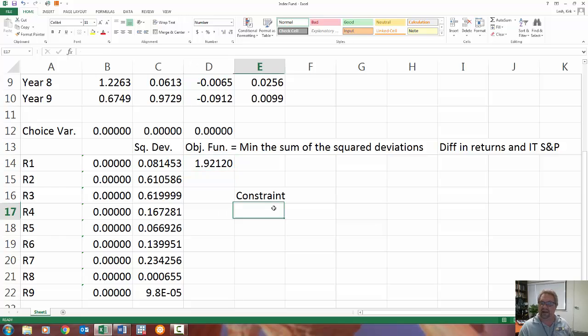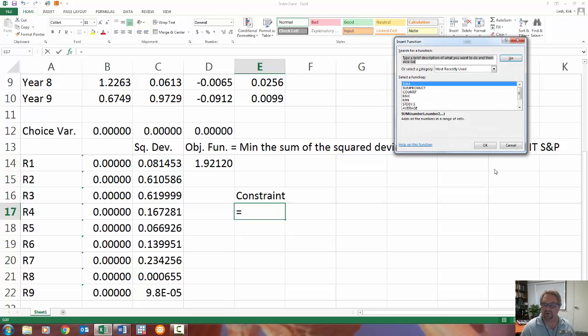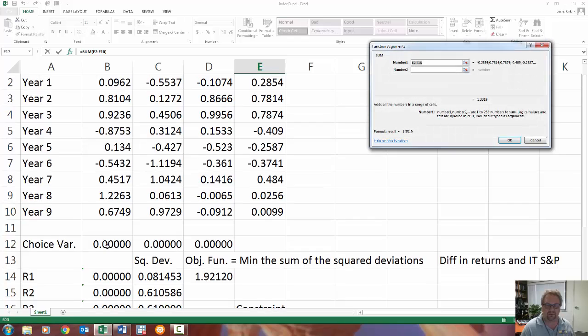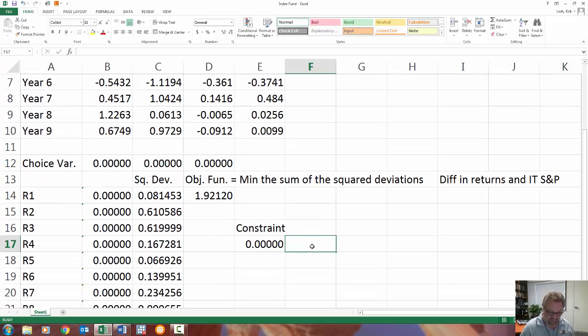All right, and then lastly, I've got my constraint, right? In this problem, the constraint is implied because our choice variables are percentages and they must sum to 1. So I'll calculate that real quick. Sum these three. Those three, the sum of those three must equal 1.